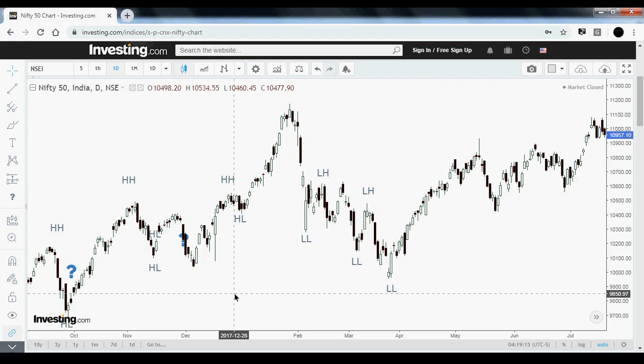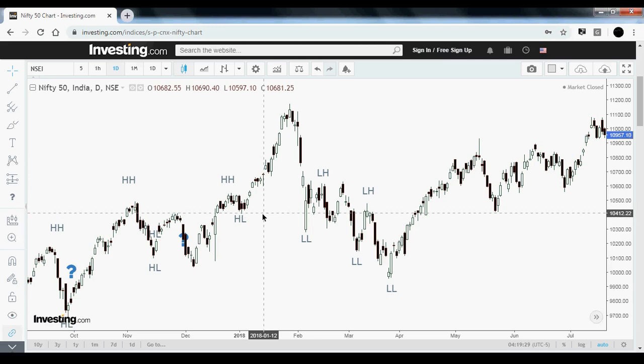So as long as there are fewer than two lower lows, we can consider that it is continuing. Once we have two lower lows, this uptrend will come to an end. So we should try to trade in the opposite direction, or we should exit the long position. For example, here we had the high, then we had the low.